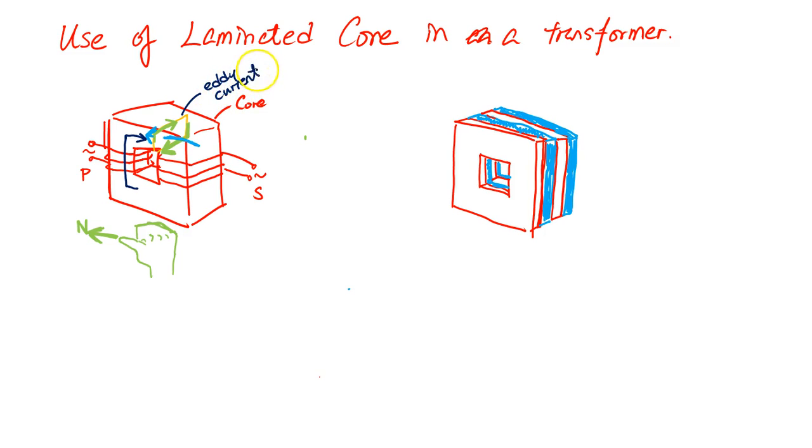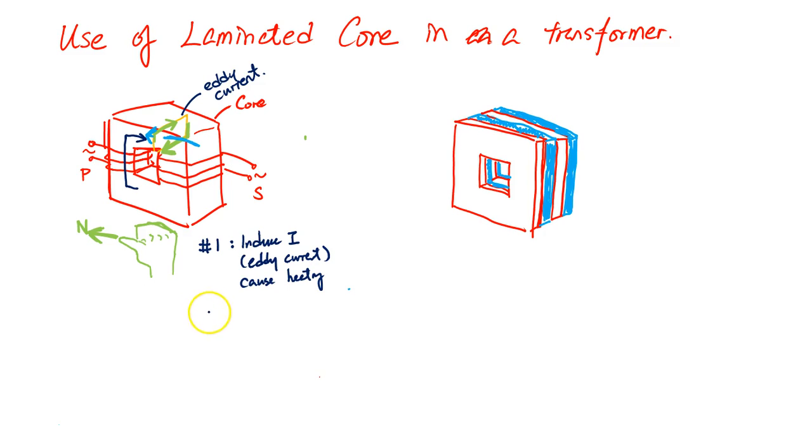And this eddy current is a nuisance because it will heat up the core, heat up the circuit, and basically heat up your transformer. So that is disadvantage number one: the induced current, which is called the eddy current, will cause heating.